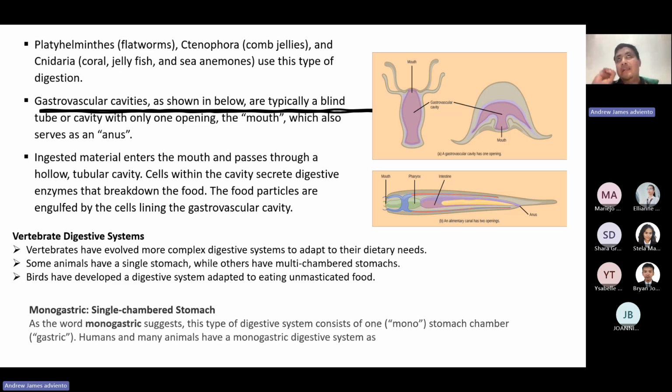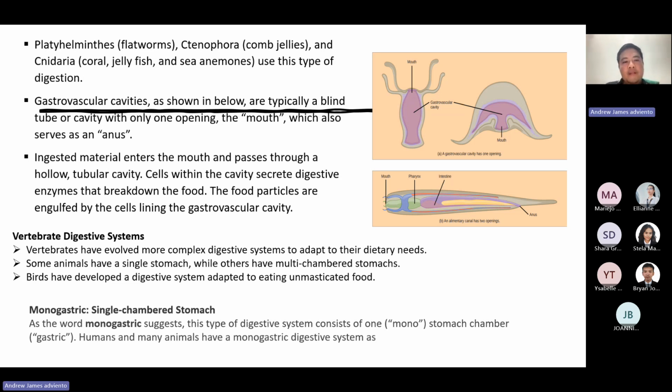This is where they excrete waste materials. For humans kasi, we use our mouth for ingesting food kapag kumakain tayo. But when we excrete waste, either we use our anus for that, or we pee. That's a part of the excretion.